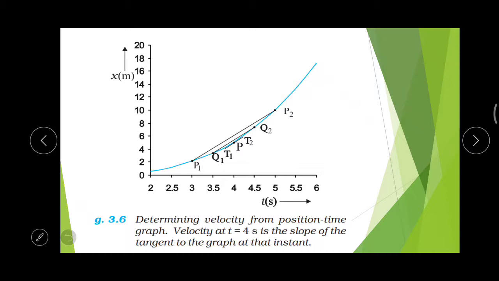Okay, so if you want to find the instantaneous velocity at a point P, suppose you have to draw a tangent on that curved portion and find the slope of that tangent. The ends of that slope are t1 and t2. You have to join that t1 and t2 and find out the slope. Suppose I am just drawing over here.